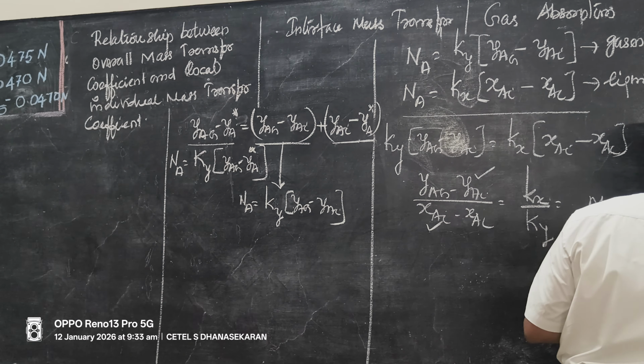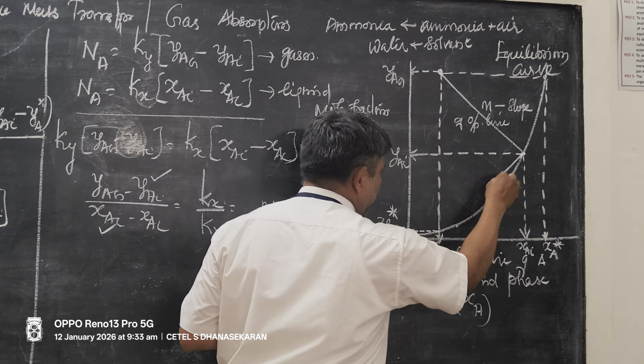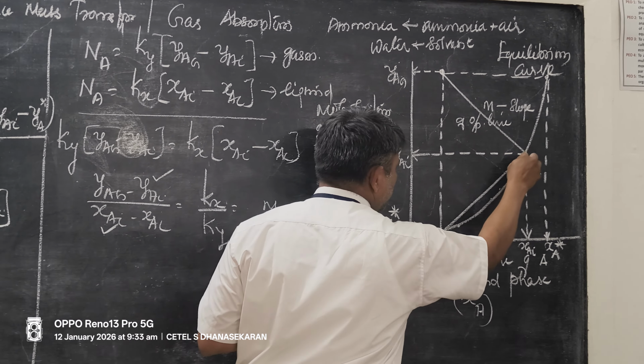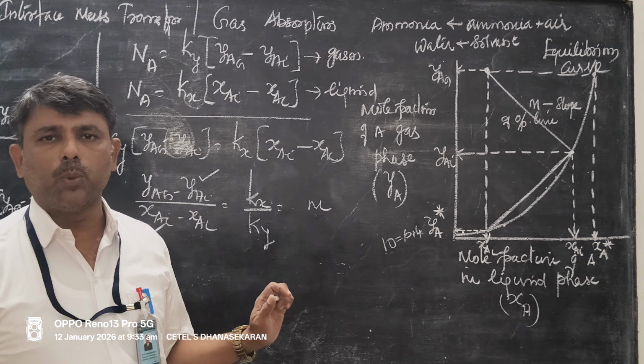Clear? Right. Draw a curve or line connecting this interface point to this one, and find the slope of this line. The slope will be m star. This m star is equal to dy by dx, that means yAI minus yA star divided by xAI minus xA star. Clear? Now the new term m prime is equal to yAI minus yA star divided by xAI minus xAL.